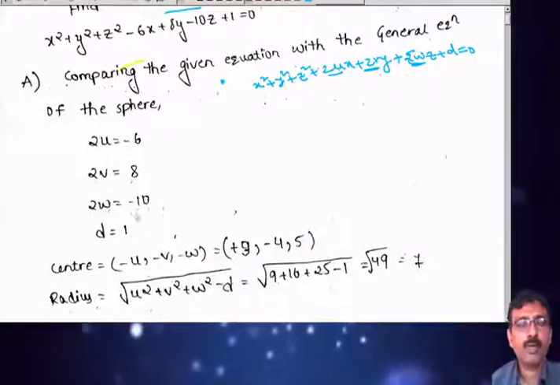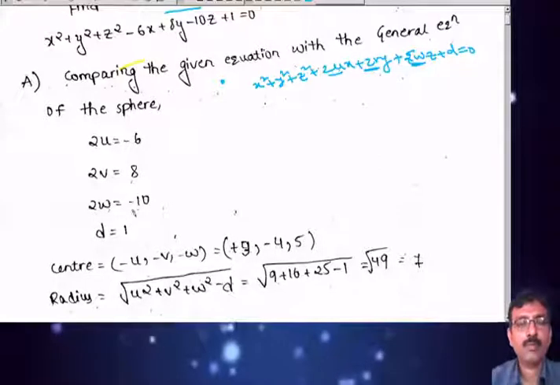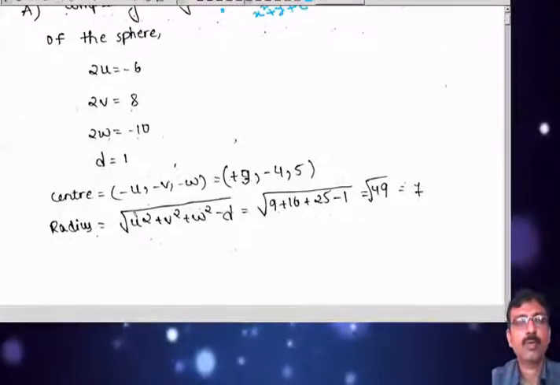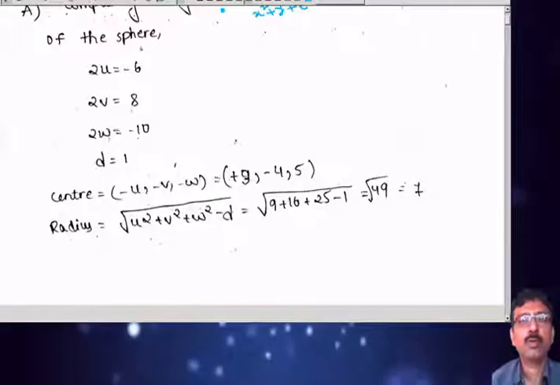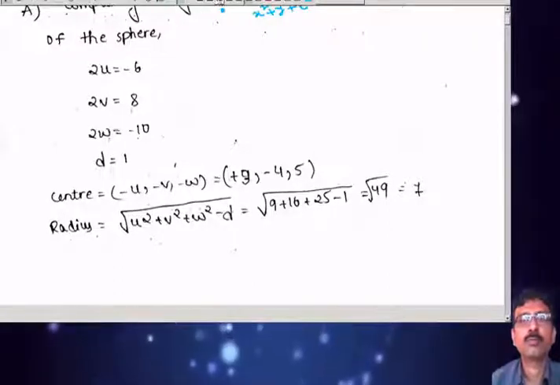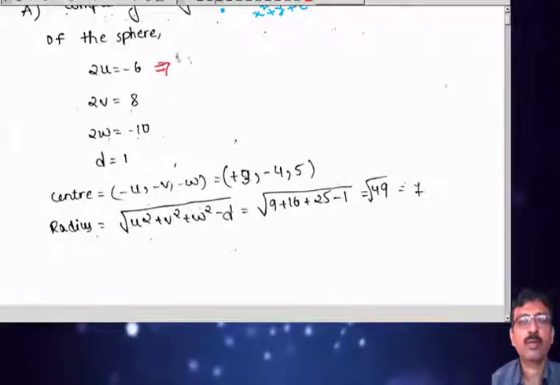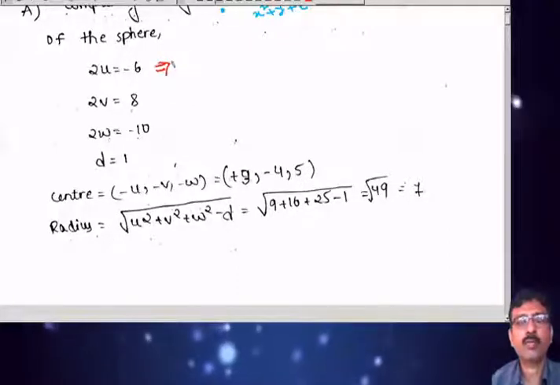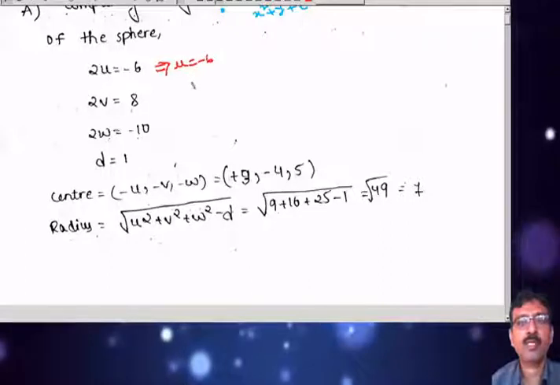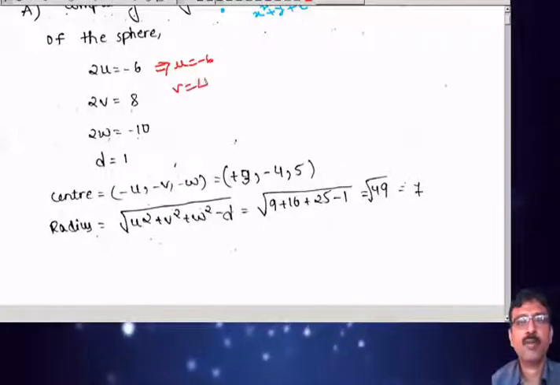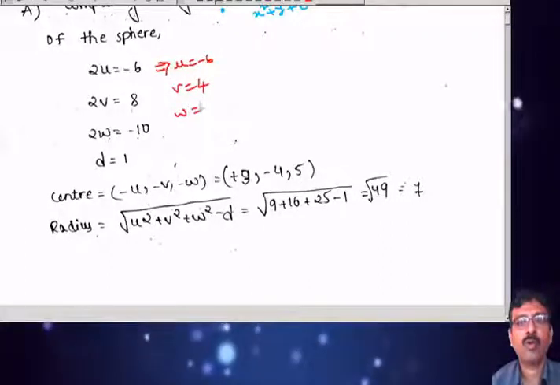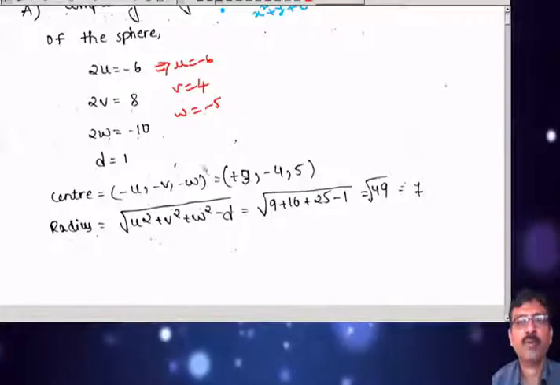Now, 2u equal to minus 6, then u equal to minus 3. Similarly, v equal to 4, w equal to minus 5.